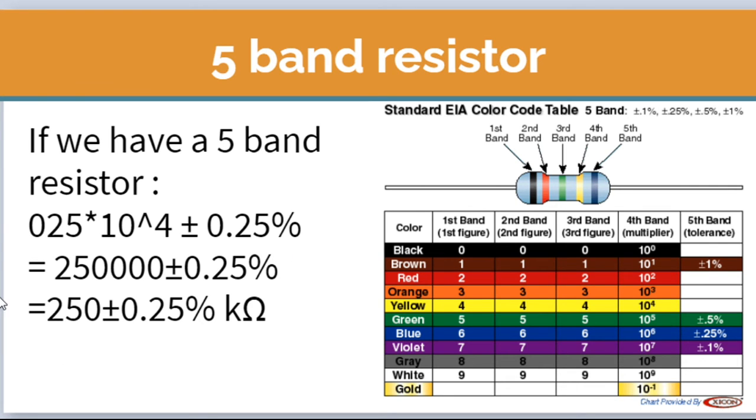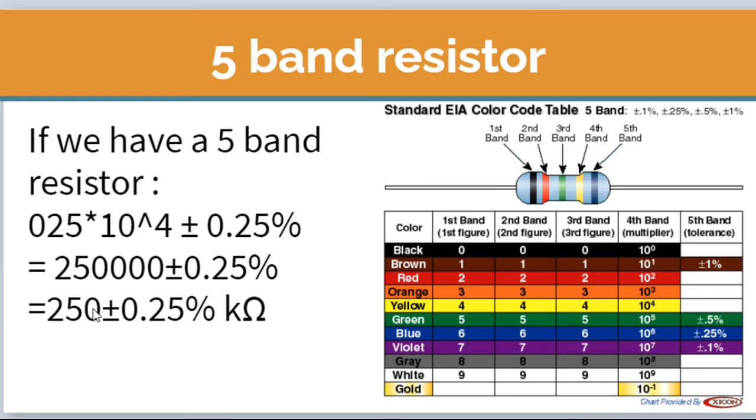So now we have the value 25 times 10 power 4 plus or minus 0.25%. That equals 250,000 ohms plus or minus 0.25%. We know that 1000 ohms equals 1 kilo ohm.